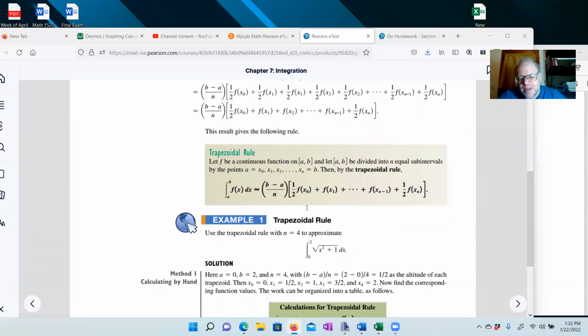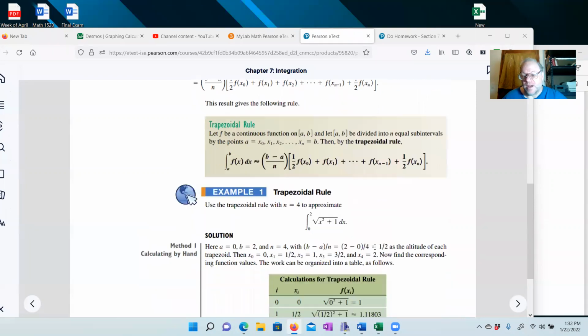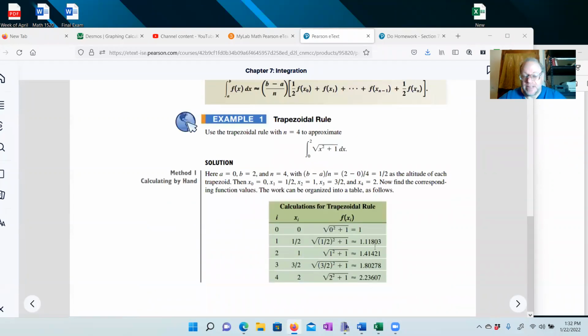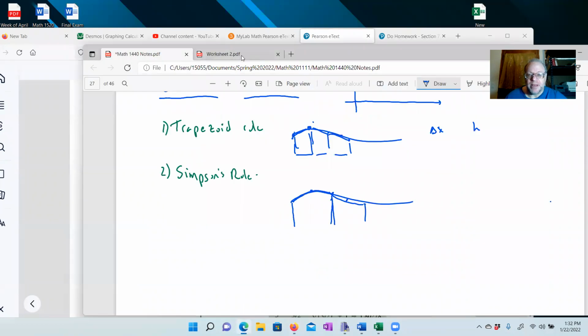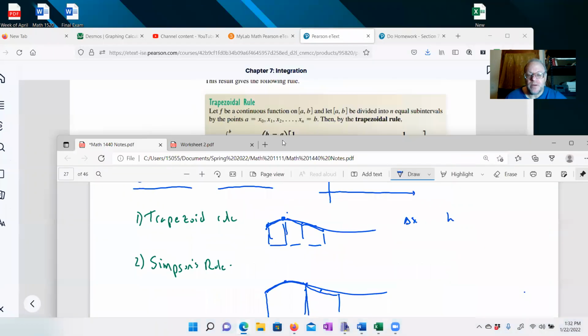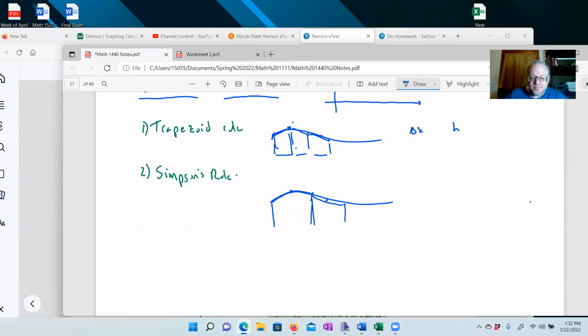Okay, I went through and pulled up the trapezoid rule from your book. You are not going to be memorizing this formula. I will gladly give you this formula. You don't need to memorize it. The only thing you have to make sure that you do know is this b minus a over n business. So what we're doing is taking our first number and our last number. This will be our a, I think this will be our b.